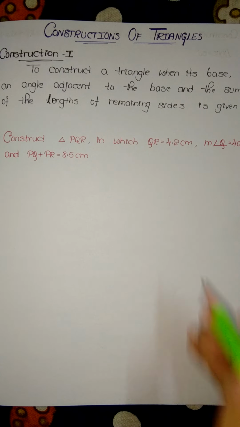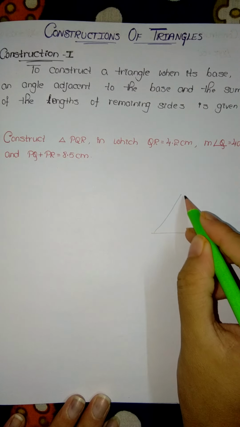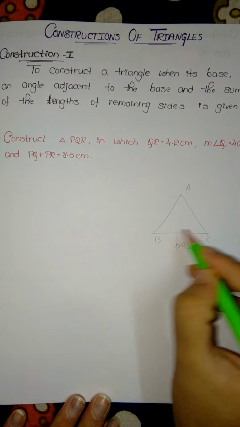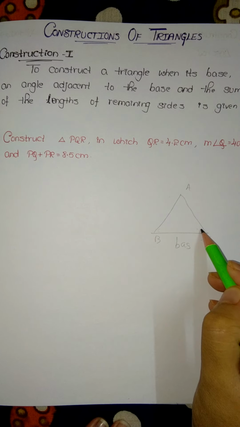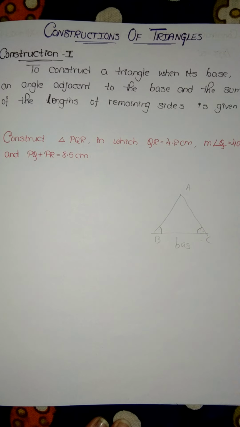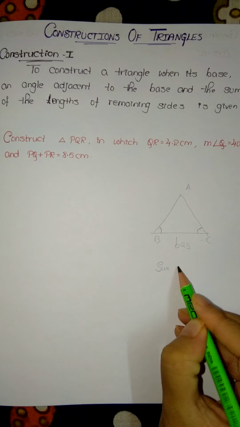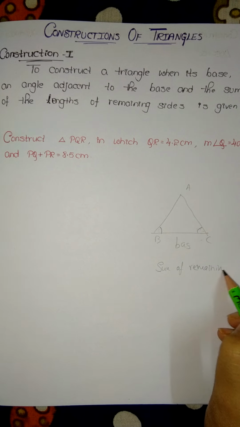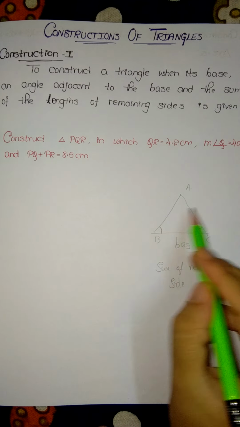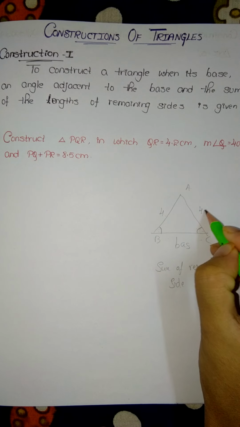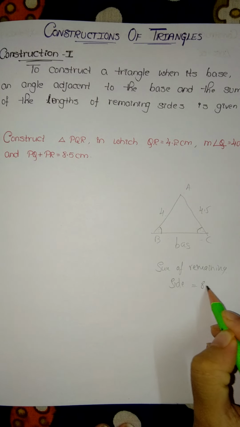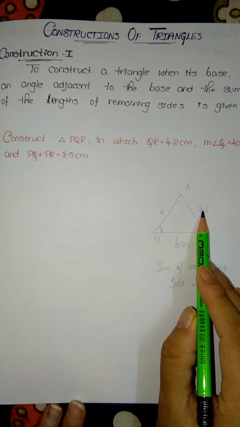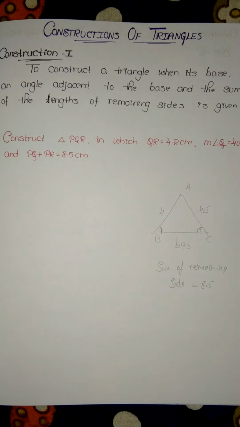For example, if this is 4 and this is 4.5, then the sum is 8.5. A base will be given, one angle, either of these two, and the sum of these two sides will be given. Then how to construct a triangle?